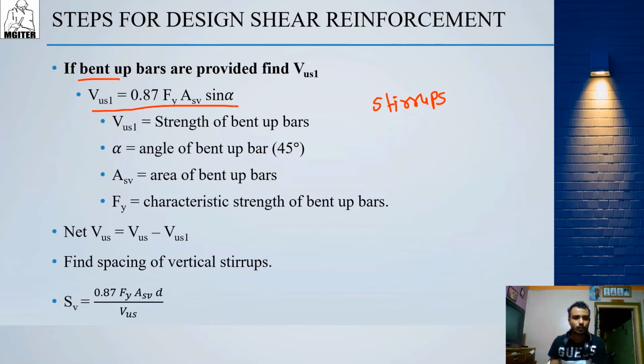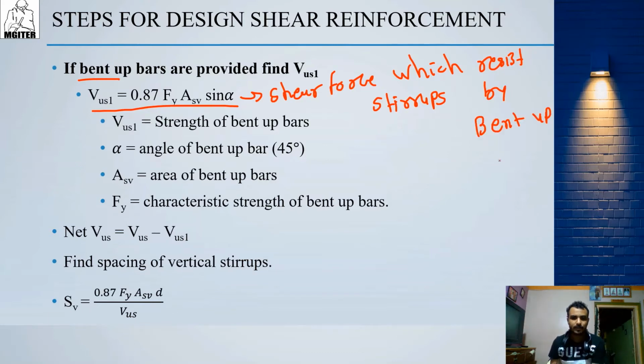VUS1 is equal to 0.87 Fy ASV sine alpha. So by this equation, we can find out the shear force which is resisted by the bent-up bar.